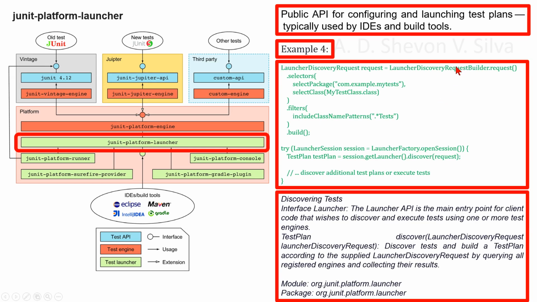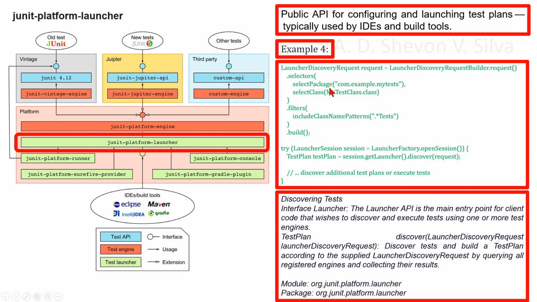Here the LauncherDiscoveryRequestBuilder provides a lightweight DSL for generating a LauncherDiscoveryRequest. Here the request method creates a new LauncherDiscoveryRequestBuilder. Here the selectors method adds all the supplied selectors to the request. Here selectPackage, the static method, creates a package selector for the supplied package name.